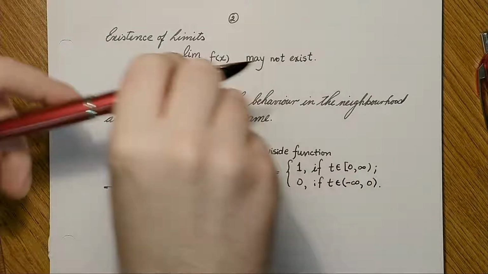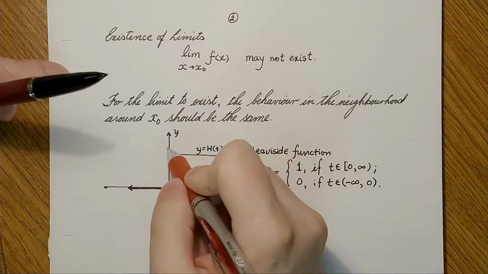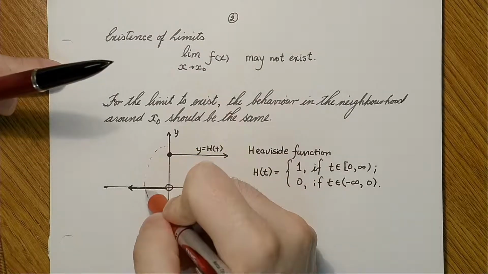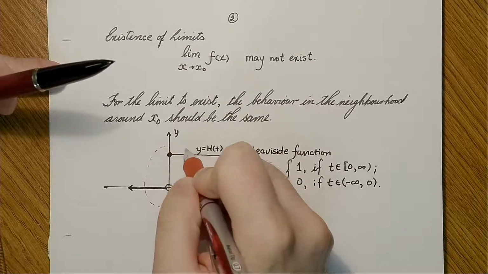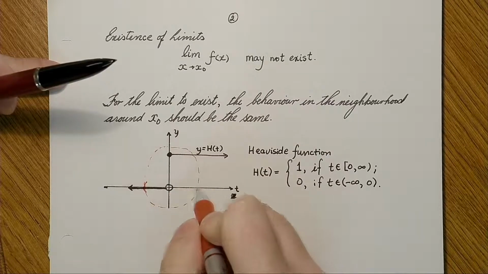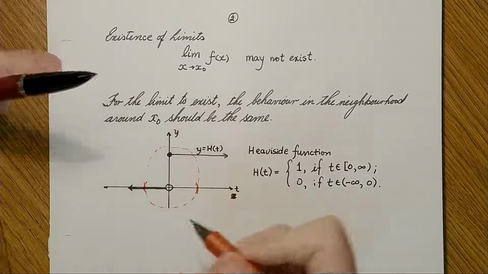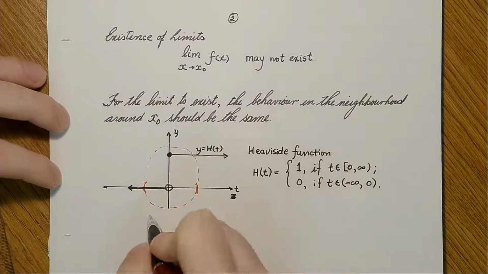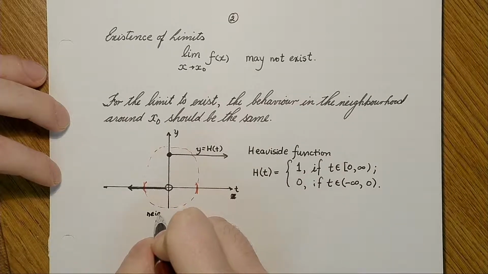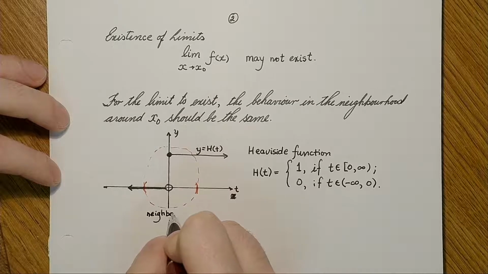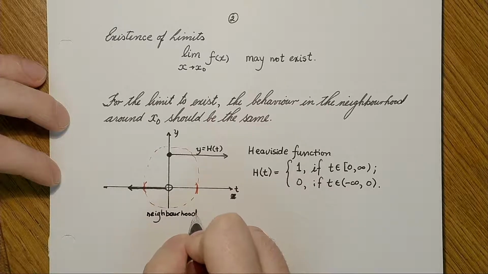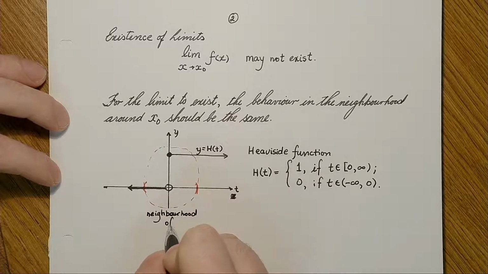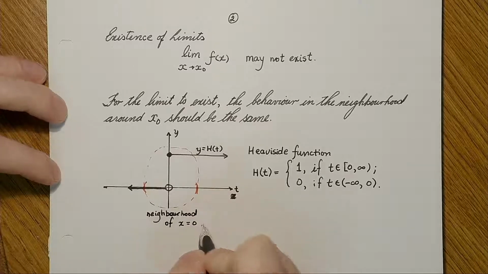So what I'm saying is we're going to look around the neighborhood, a small neighborhood right around here. You can think of that as a neighborhood of x equals 0.